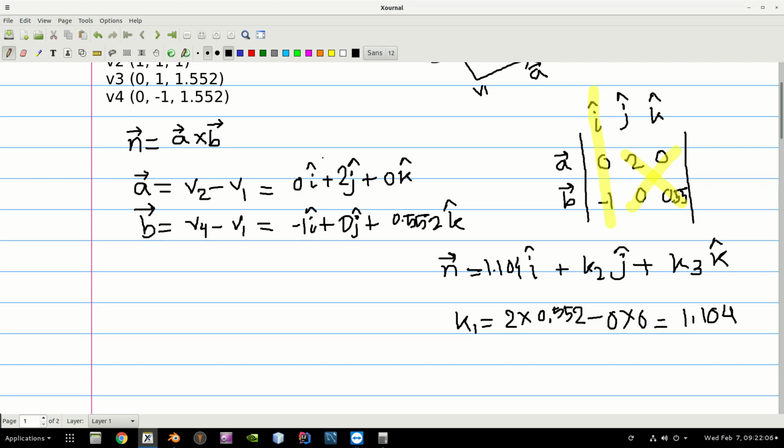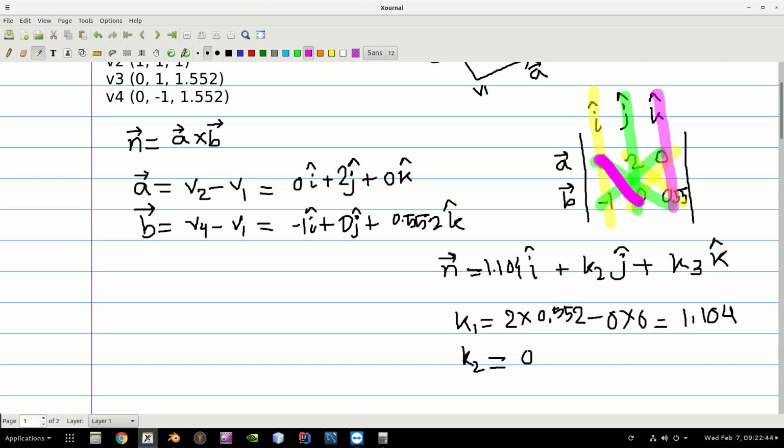How about k2? For both these things we've got zeros, so k2 is going to be 0. And for k3, this time we are going to freeze these.